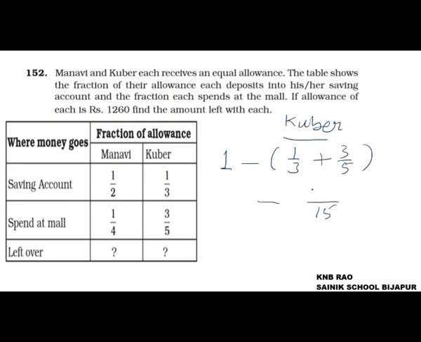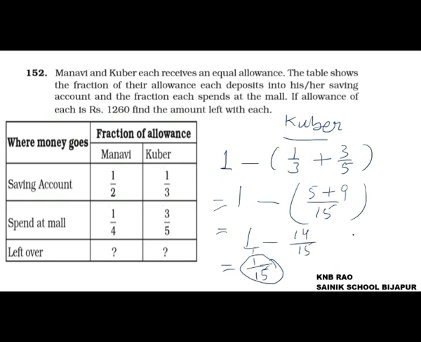So here 5 added to 9. So 1 minus 9 plus 5 is 14. 14 by 15. That means he is left over with only 1 out of 15. 1 minus 14 by 15 is nothing but 15 minus 14 by 15. You know how to take the LCM and do the simplification. You'll get only 1 by 15th part he actually has as leftover money.